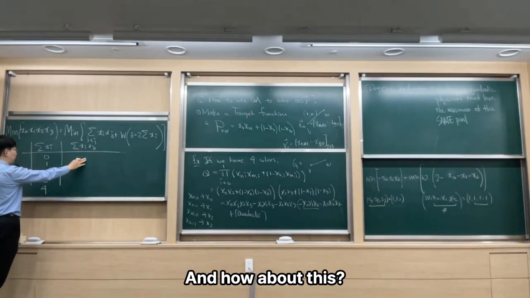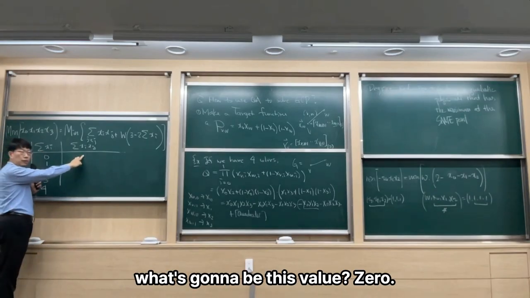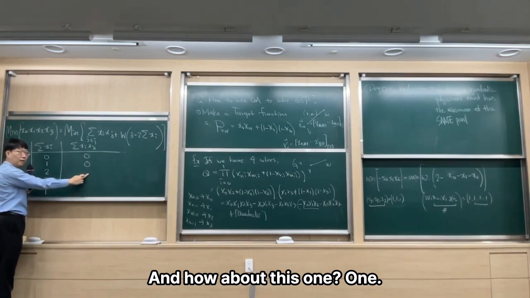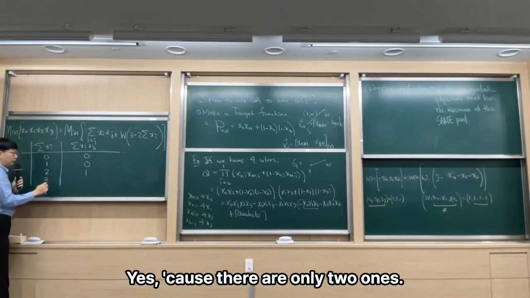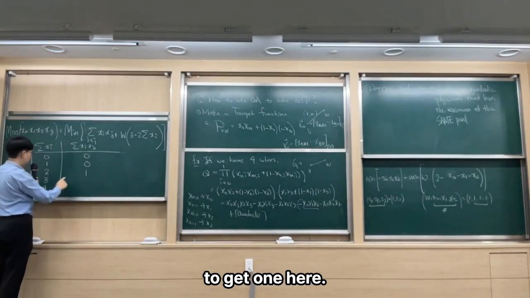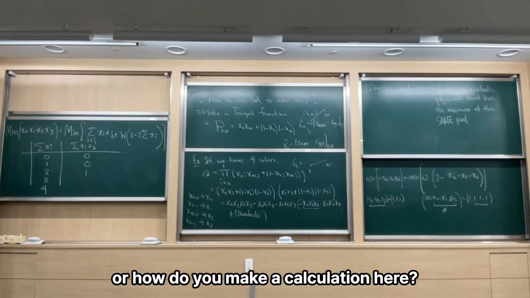And how about this? If there's no 1 in the list, what's going to be this value? 0. And how about this? 0. How about this one? 1. Yes, because there are only two 1s. That's only when we have multiplied them together to get 1 here. How about 3? So how do you make a calculation here?